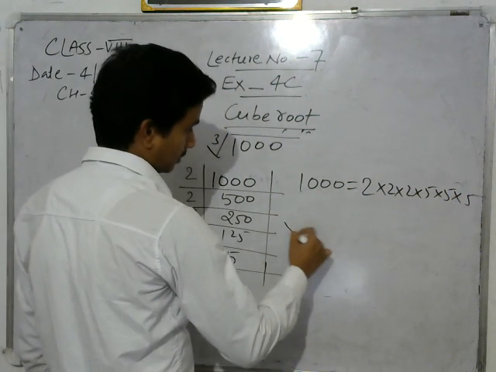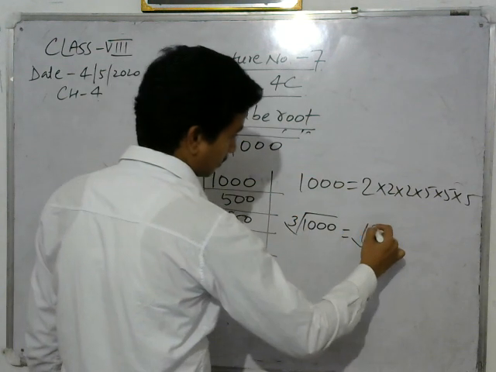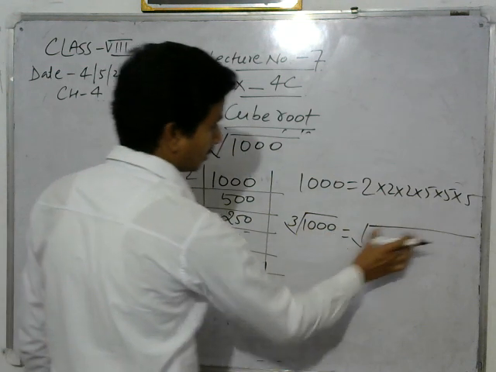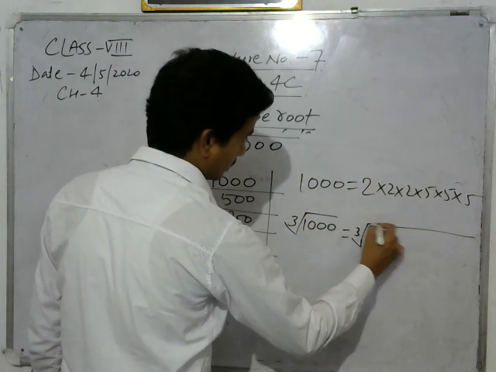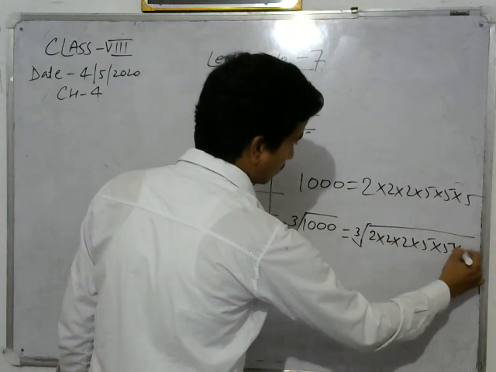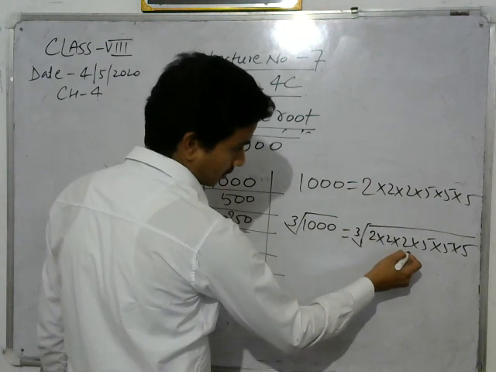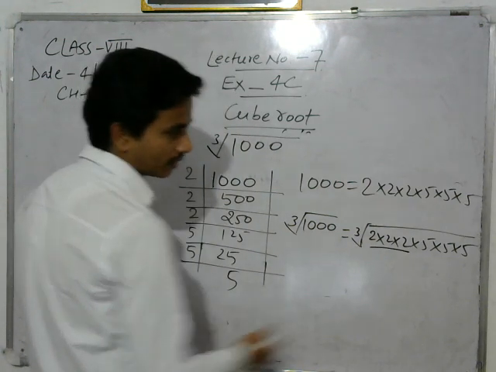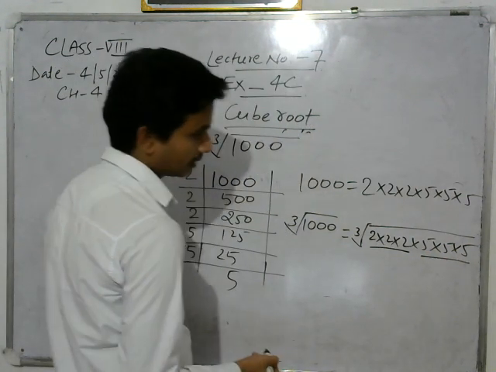In order to find the cube root of 1000, I write 1000 as a product of these prime factors: 2 into 2 into 2 into 5 into 5 into 5. Now you have to form triplets. Here you see one triplet and here you see another triplet.